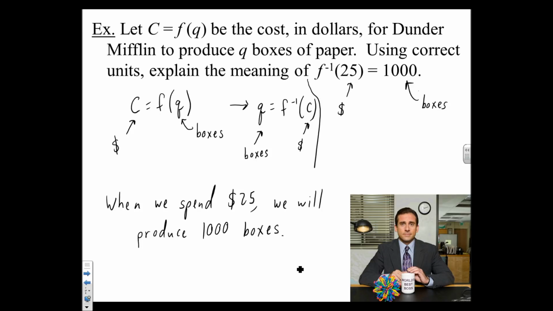That sounds to me like I'm putting in the 1,000 and I'm getting back 25. That's not the inverse. That's the original function. That's F. When I put in the number of boxes and I get back the cost. When I produce 1,000 boxes, it's going to cost me $25. That, I think, is backwards. So I think that would be a bad answer. You want to make it sound like you're putting in 25 and you're getting back 1,000.